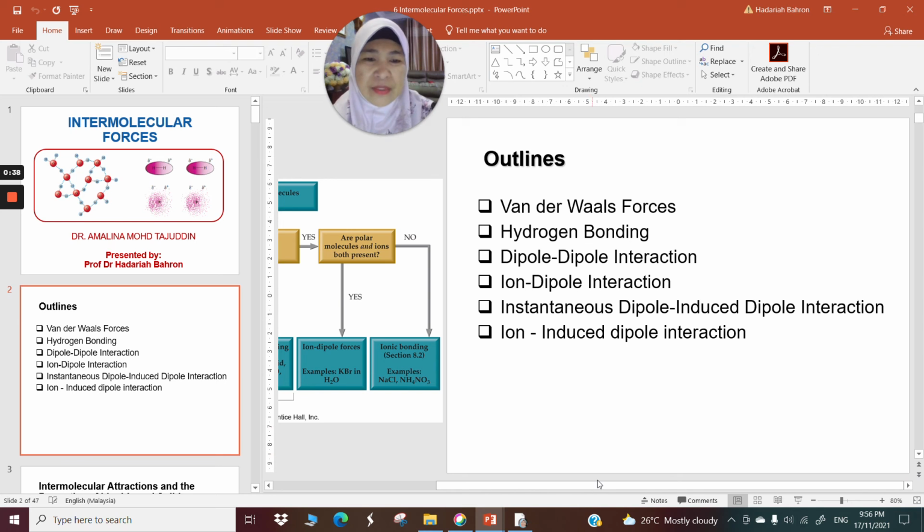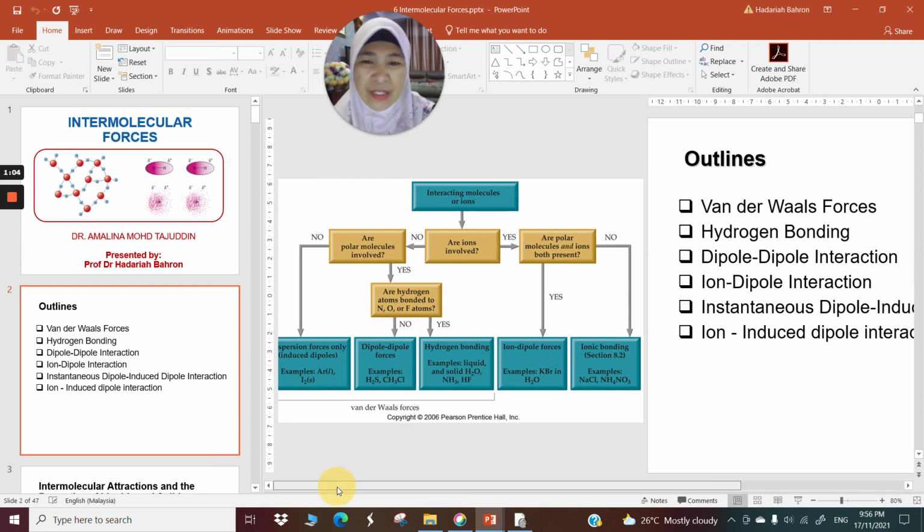For this lecture, the outline is that I'm going to be talking about van der Waals forces, hydrogen bonding, dipole-dipole interaction, ion-dipole interaction, instantaneous dipole-induced dipole interaction, and ion-induced dipole interaction.